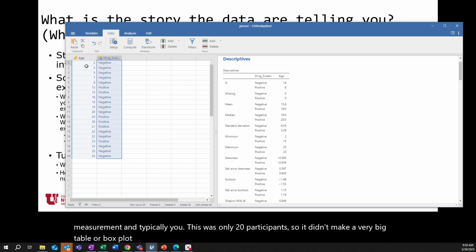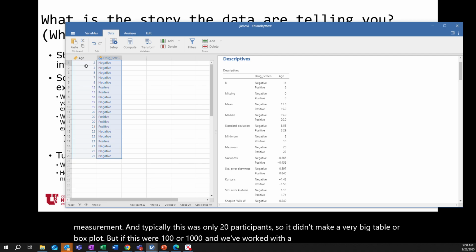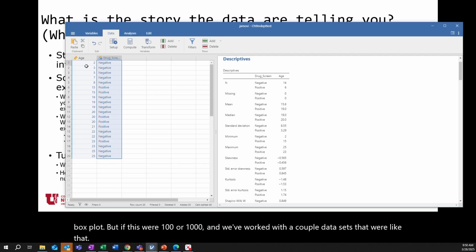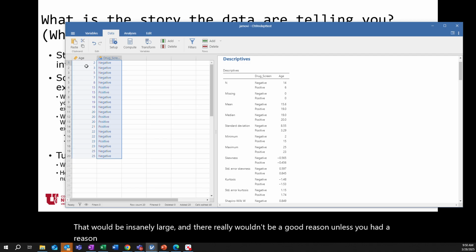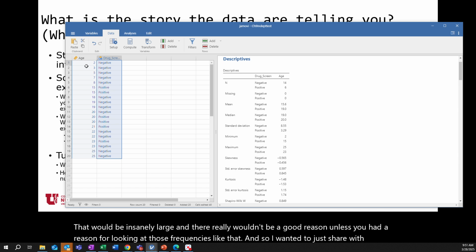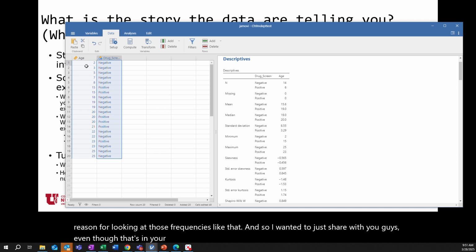But if this were 100 or 1,000, and we've worked with a couple data sets that were like that, that would be insanely large. And there really wouldn't be a good reason unless you had a reason for looking at those frequencies like that. And so I wanted to just share with you guys, even though that's in your textbook, do not follow that example in your own analysis.